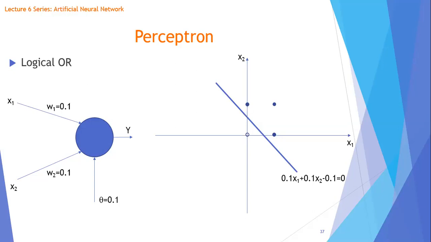When both are high, of course, you are again getting a 1, class 1. So these 3 instances of class 1, and this one instance of class 0, can be separated by this line here. So it means the perceptron can actually replicate this particular data set.